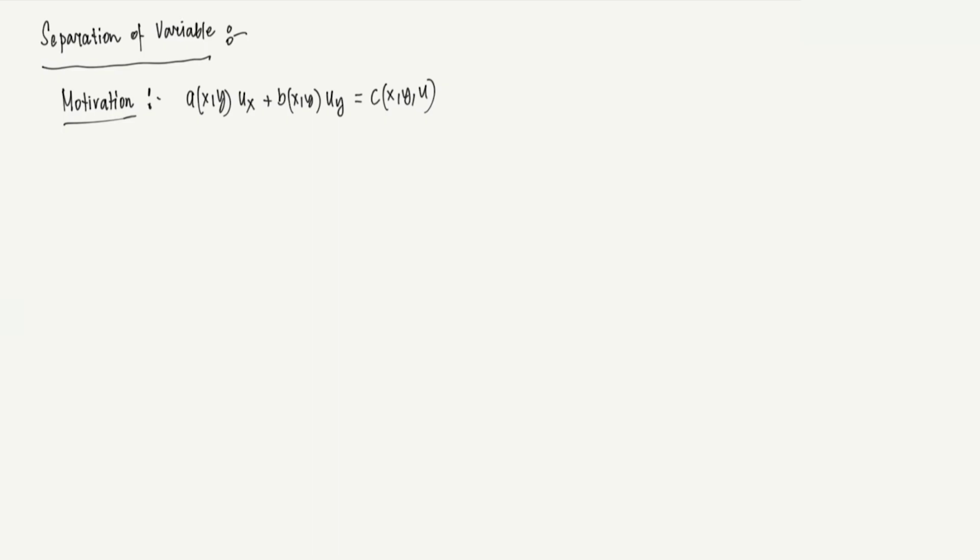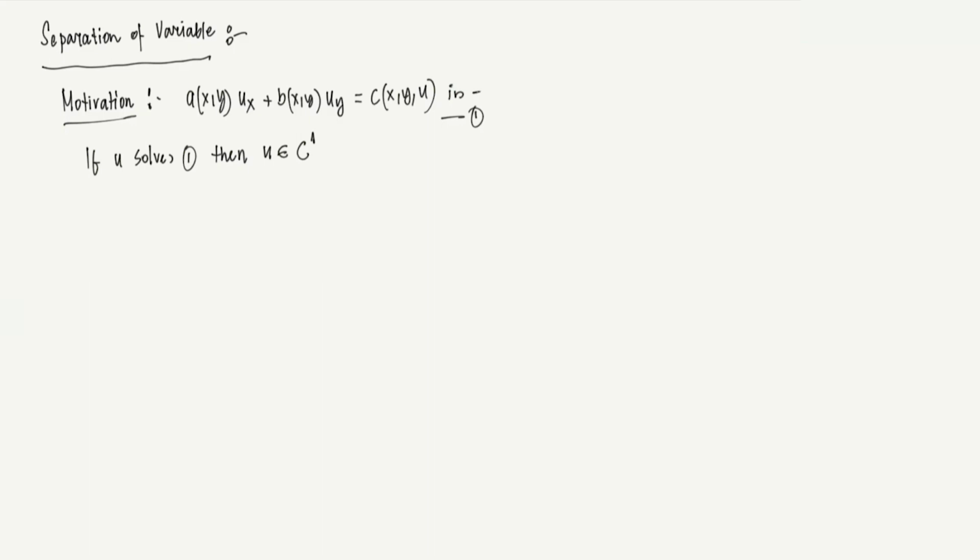Let's start with it. Now, if you remember, if u solves 1, then for every x,y, u of x,y should satisfy 1, and also u should be at least C1 of whatever domain.